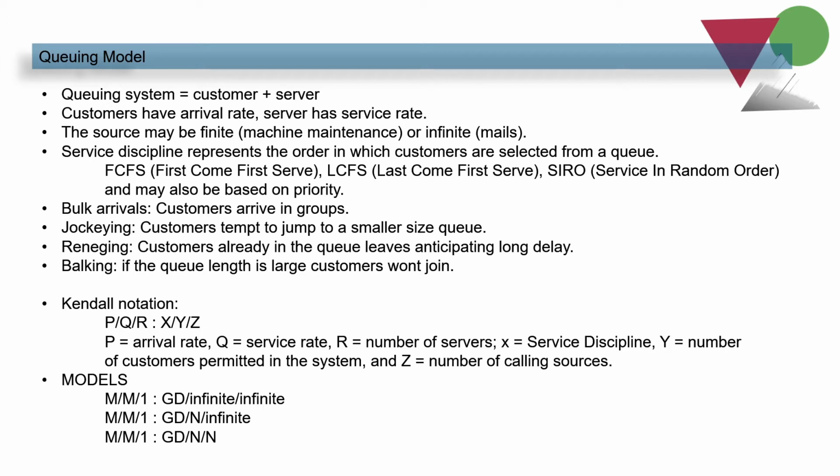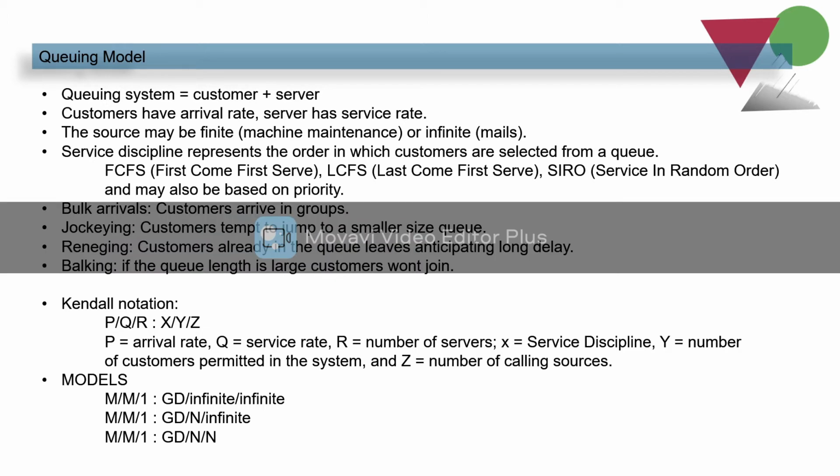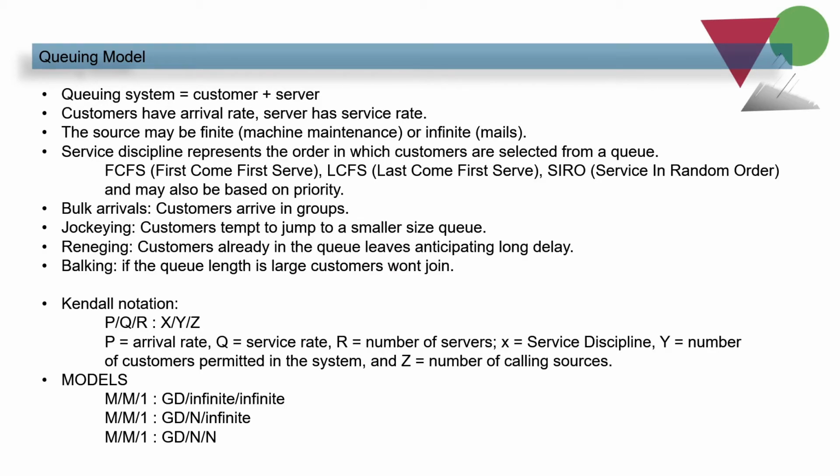Then bulk arrivals, customers arrive in groups; jockeying, customers attempt to jump to a smaller size queue; and reneging, customers already in the queue leave anticipating long delay. And the next one is balking, if the queue length is large, customers won't join.